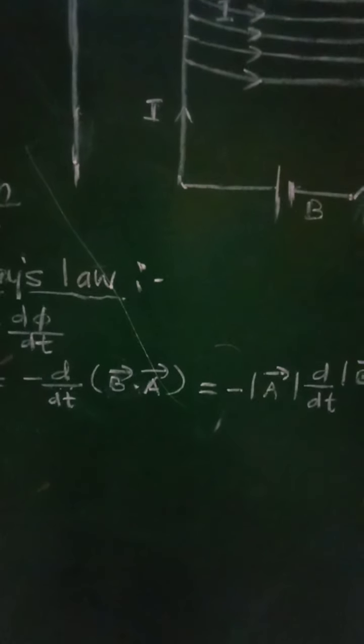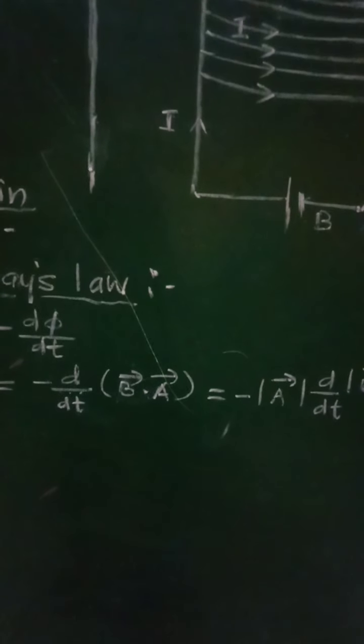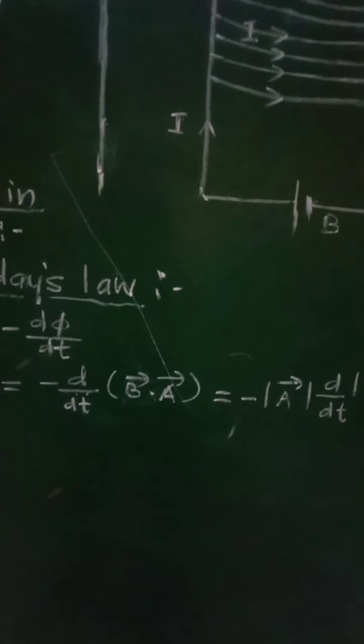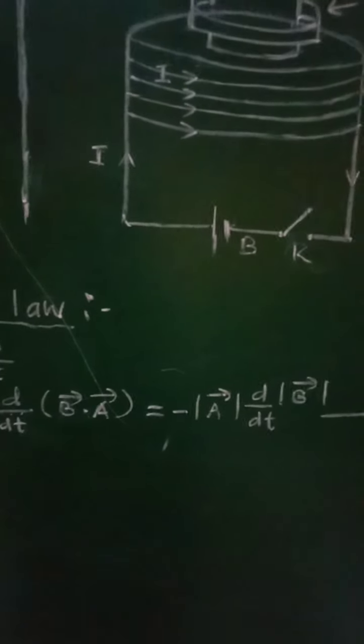So if the magnitude of the area vector A is positive and d phi by dt is positive as B is increasing, the RHS of equation 1 is negative.